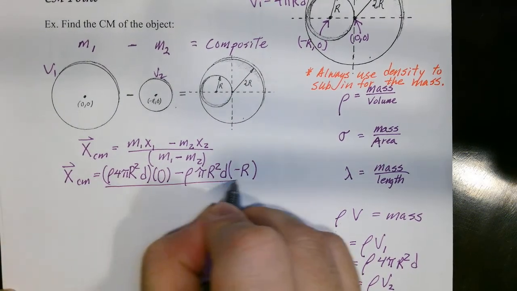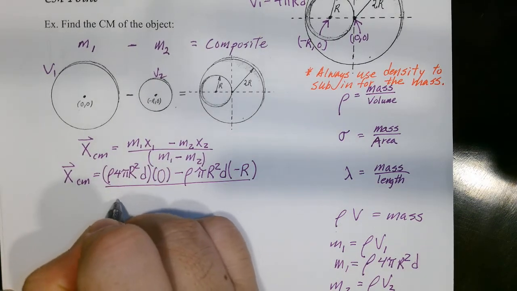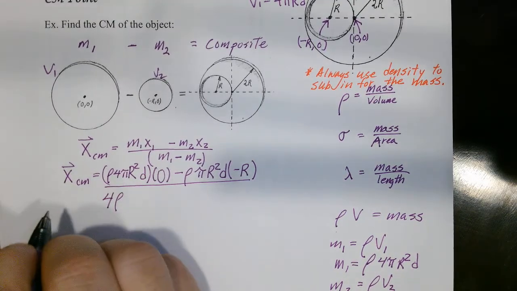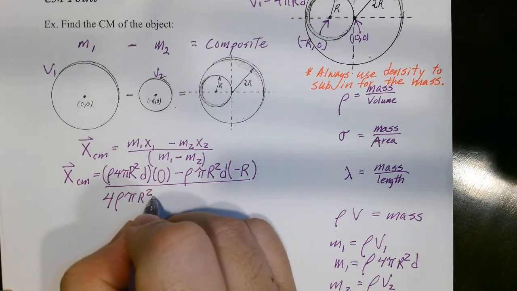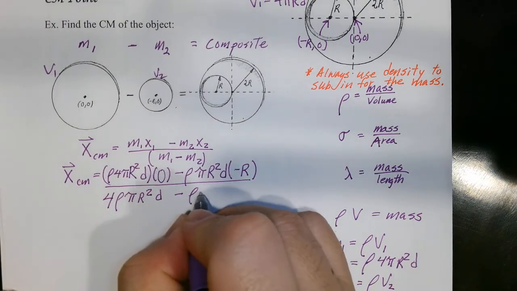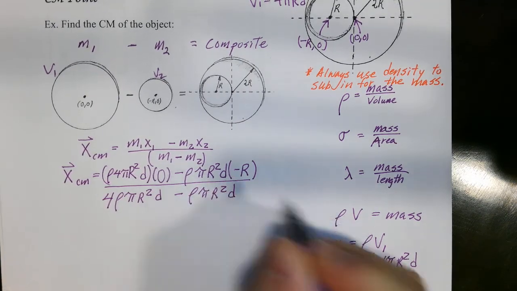Whole thing divided by m1, which is rho 4 pi r squared d, minus rho pi r squared d.